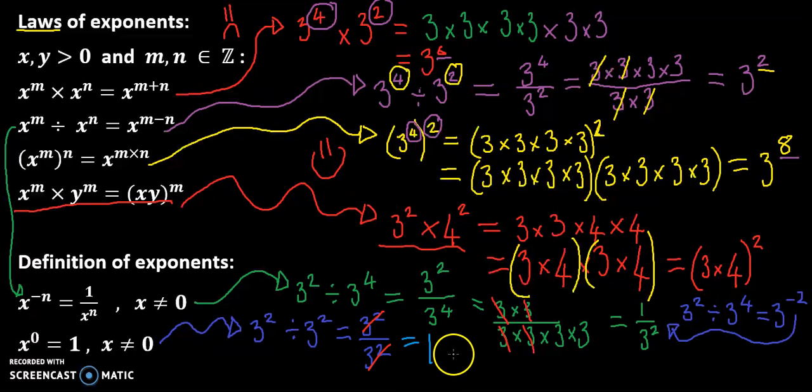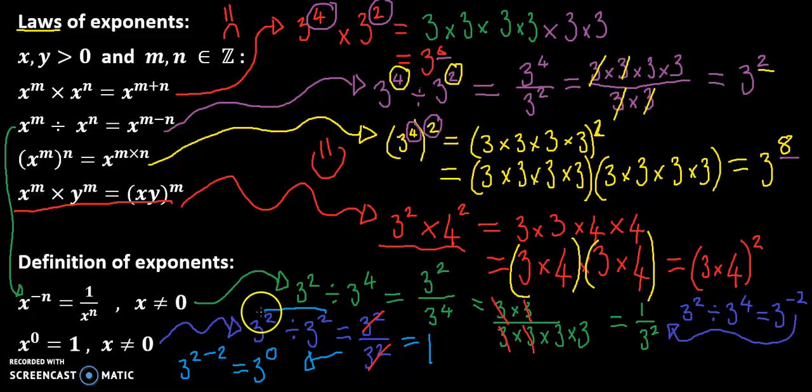But we also know that there once were 3's over there. That doesn't really link up to it. We can write this problem over here as 3 to the power of 2 minus 2, which gives us 3 to the power of 0.